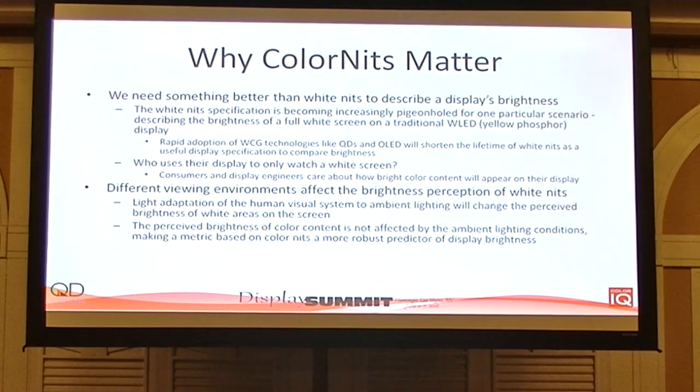White, if it's 200 nits in white, depending if it's a bright room or a dark room, there is this light adaptation of vision that will change the perceived brightness for white. And the perceived brightness of color content is not affected by this. We believe that this metric would help us further communicate that.